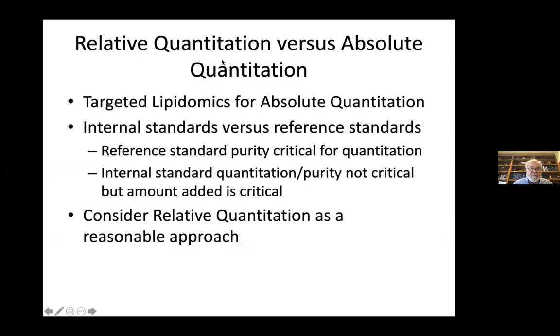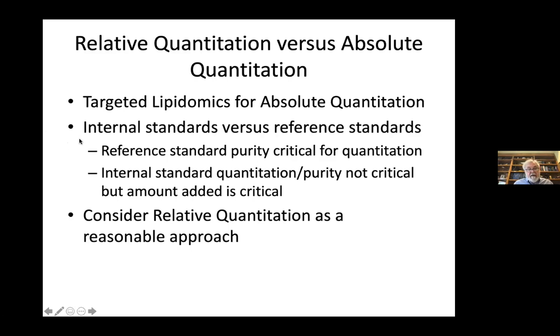So that leads us to this other issue about relative quantitation versus absolute quantitation. Now, targeted lipidomics allows you to do absolute quantitation if you have an internal standard for each and every analyte, and that's unlikely for a large number of lipids, in particular the neutral lipids.